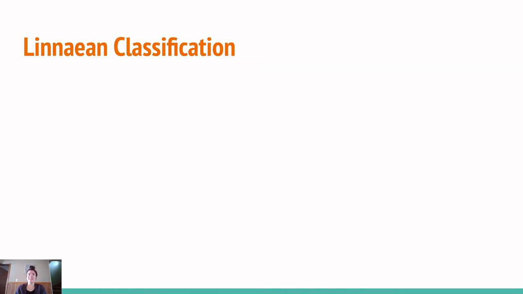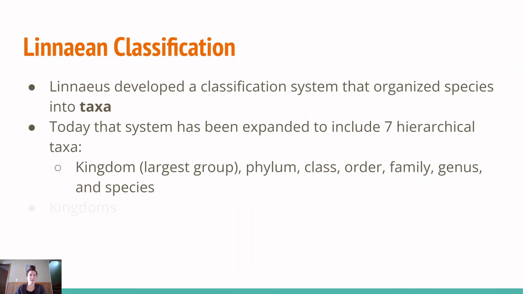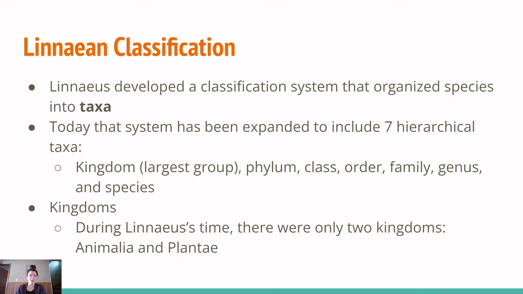Okay, so still with Linnaean classification, again, this is still Linnaeus. He did a lot of work with taxonomy. And so not only did he develop our system for that binomial nomenclature where we give organisms their scientific names, but he also developed a classification system for all species and organized them into what we call taxa.